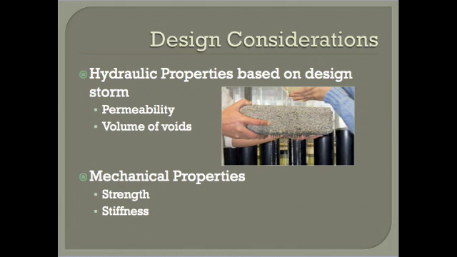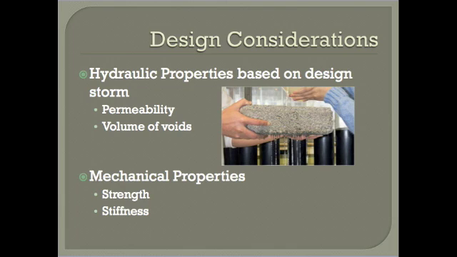There are two main considerations when designing pervious concrete. These factors determine the thickness of the pervious profile. For the hydraulic factors, you must consider the expected rainfall, pavement characteristics, underlying soil properties, and the runoff that can be tolerated based on a design storm, and then determine the permeability and the volume of the voids of the pervious concrete corresponding to that.